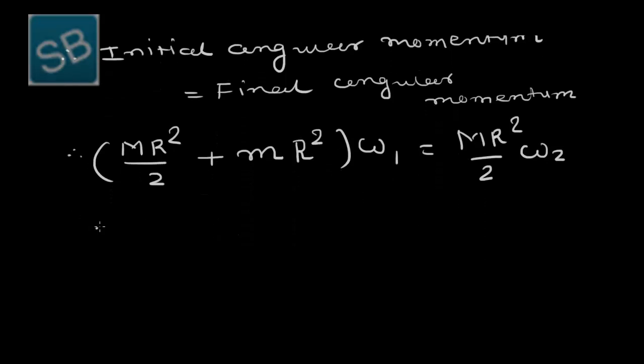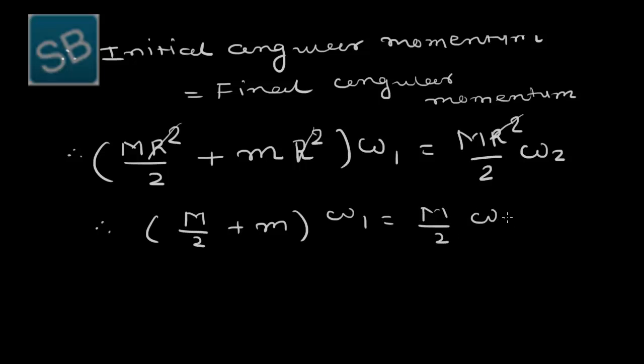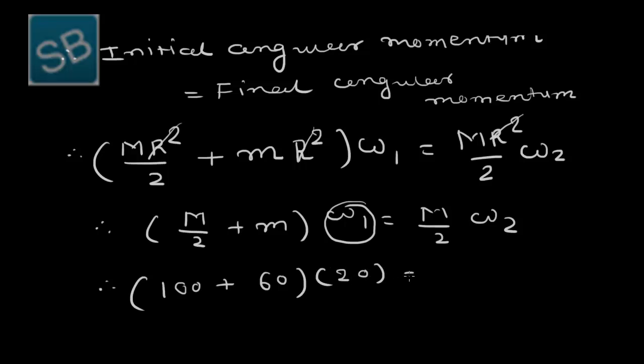Simplifying this, R square on both sides will cancel out. Therefore, (M by 2 plus small m) omega 1 is equal to M by 2 omega 2. Now we have the known values of capital M, small m, as well as the initial angular velocity. The value of capital M is 200, so 200 divided by 2 is 100, plus the mass of the man, 60 kg, times omega 1, 20 rotations per minute.